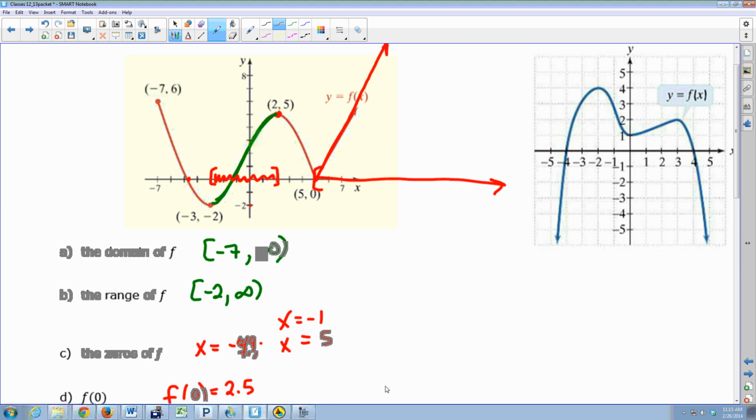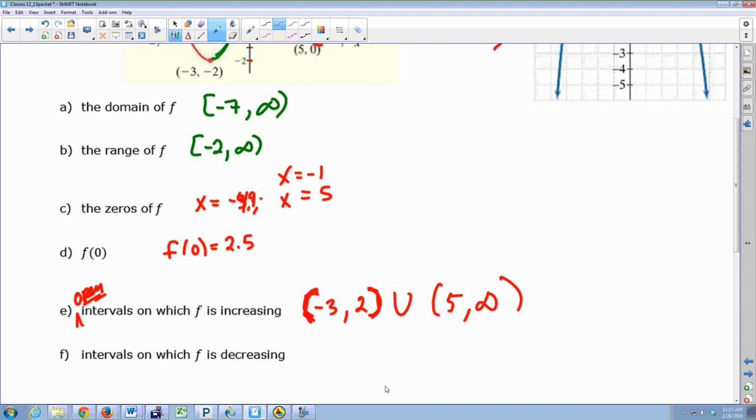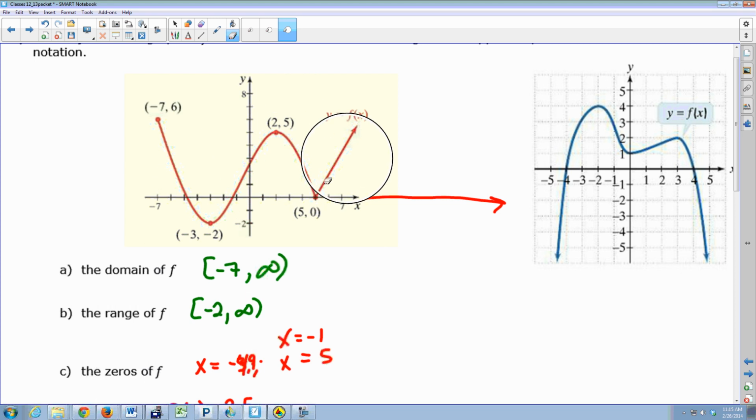Okay, open intervals over which my function is decreasing. Can you help me with that, Jonah? One interval where your function is decreasing? Let me take everything out here so I can see what's going on.